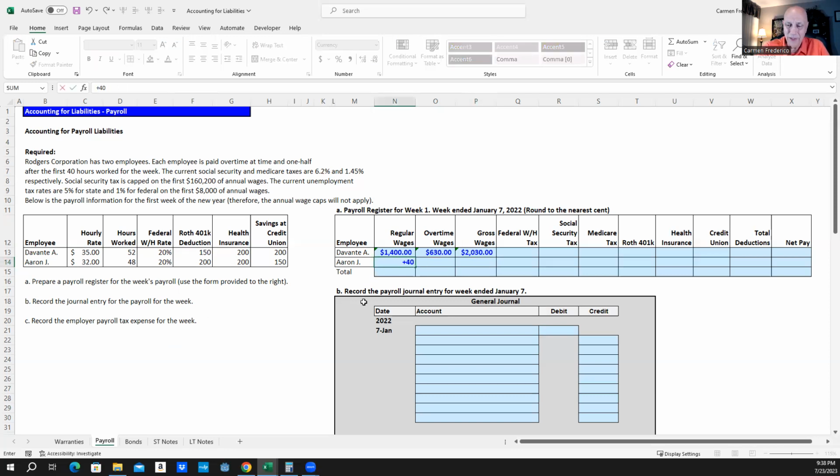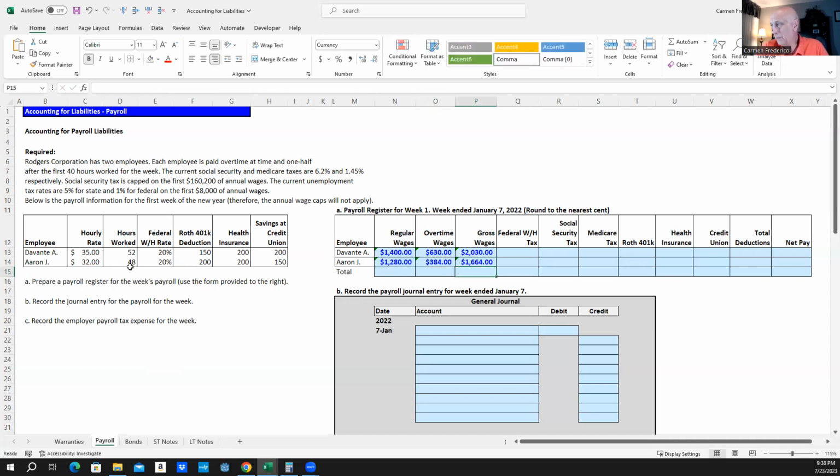Let's look at Aaron. 40 hours times $32 an hour, $1,280. Overtime, he worked 8 hours of overtime, right? 48 minus 40 is 8, times his $32 an hour, times time and a half, 1.5. So his overtime is $384. Add it up, you get his total gross pay.